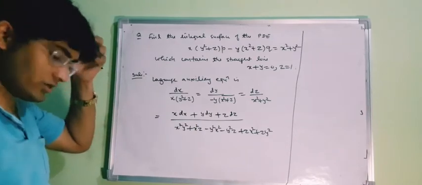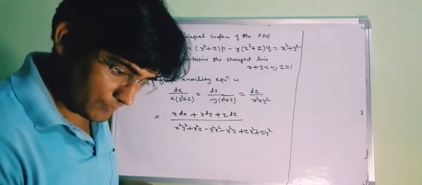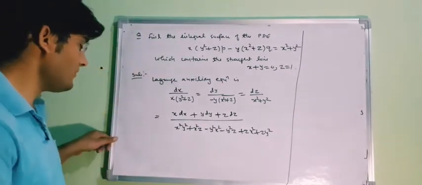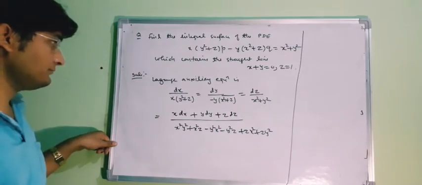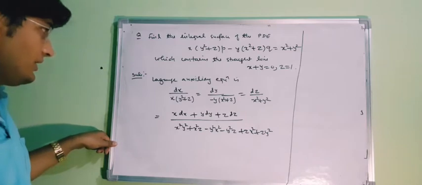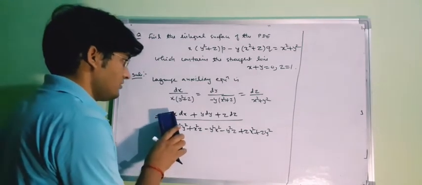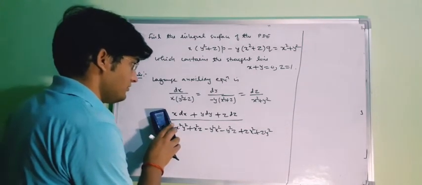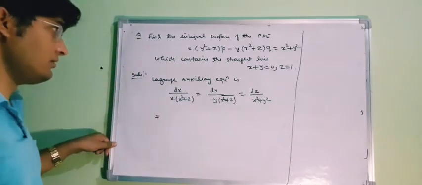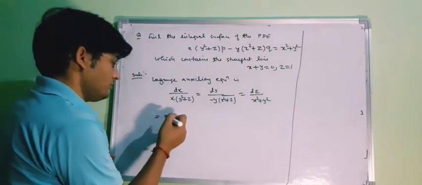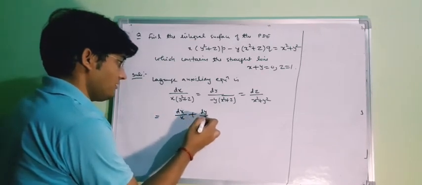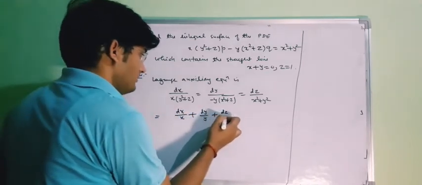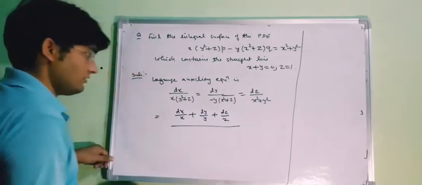So again it is not equal to 0. Now we have one more choice. If you take the multiplier as dx upon x plus dy upon y, then dz upon z, then let us see.